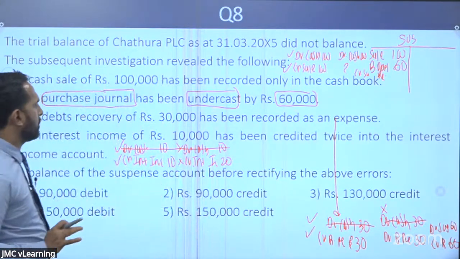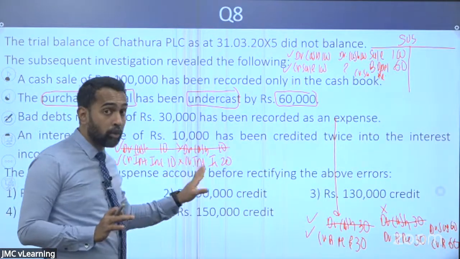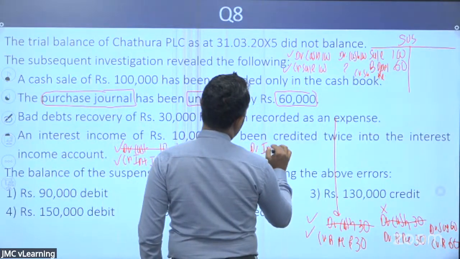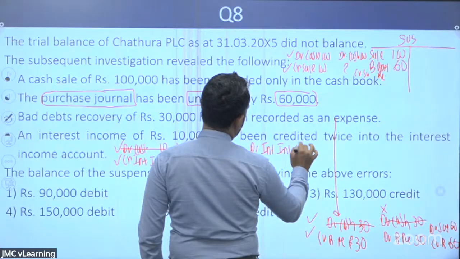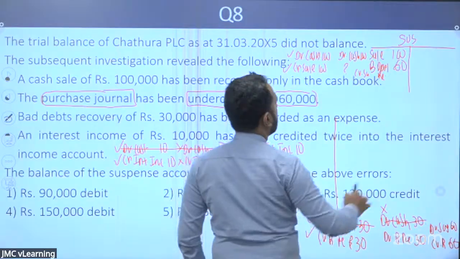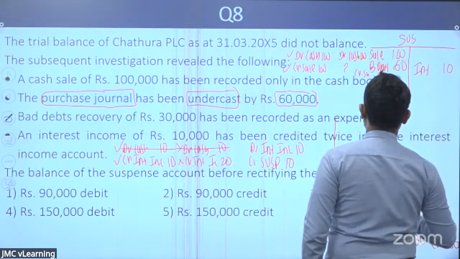There's nothing wrong with cash. For interest income you should have credited only 10 but you have credited 20. So how do we correct it? Debited to interest income 10, credited to suspense account 10. So the suspense account will be credited 10 rupees as interest income.